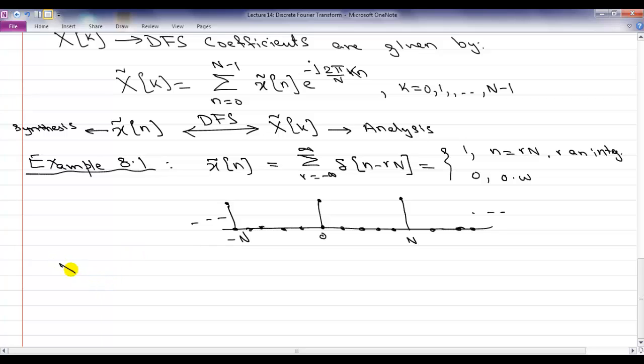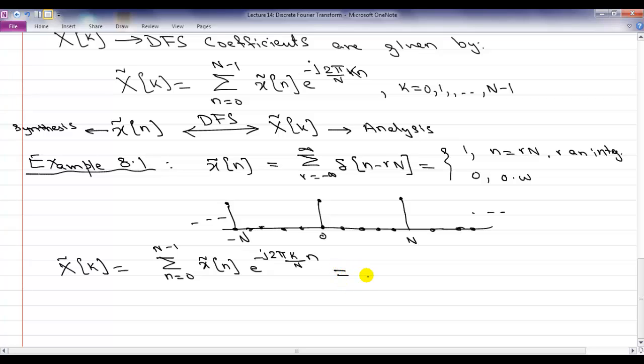So the discrete Fourier series coefficients x tilde of k are simply given by the formula above, n equal to 0 to n minus 1, x tilde of n, e to the minus j 2 pi k over n times n.